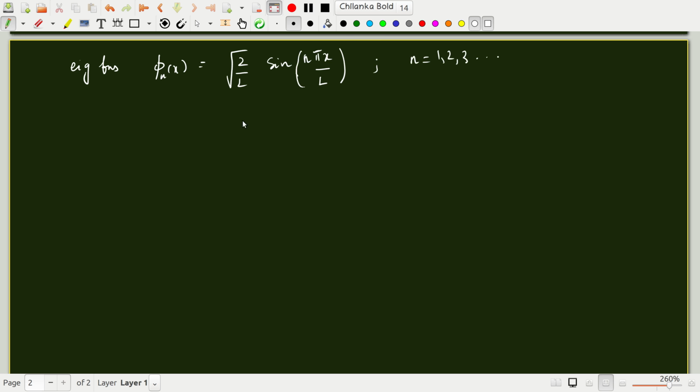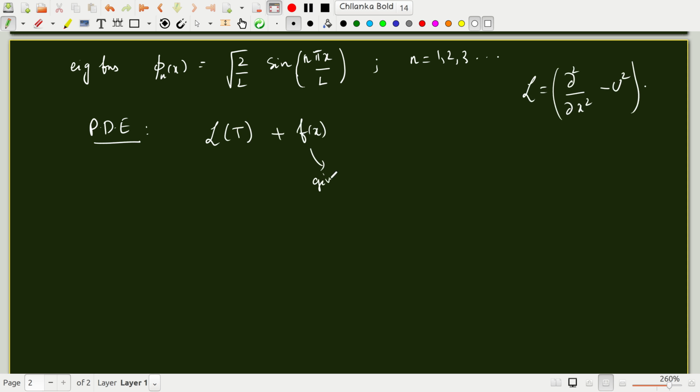Now we have to go to the original PDE that we are interested in solving, because L is the operator partial squared by partial x squared minus u squared. L is that operator. L of T plus f of x, this is a given function, is equal to 1 over kappa times partial T by partial t. This kappa is like the thermal diffusivity.